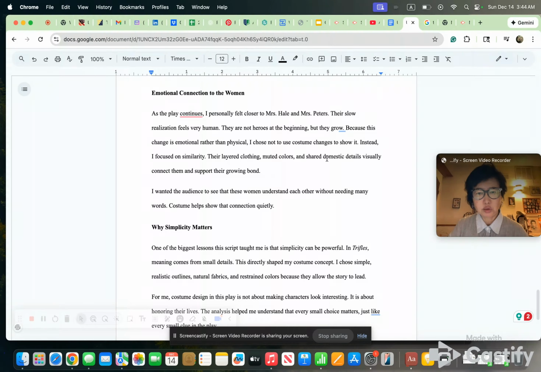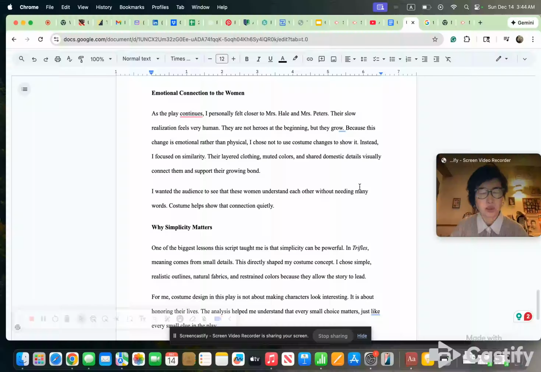So I chose not to use costume change to show their character development, but instead I focus on similarity: their layered clothing, muted colors, and shared domestic details visually connect them and support their growing bond.